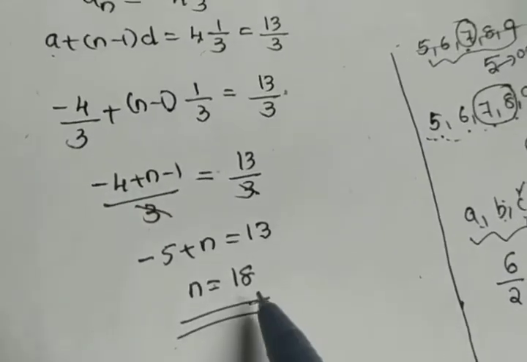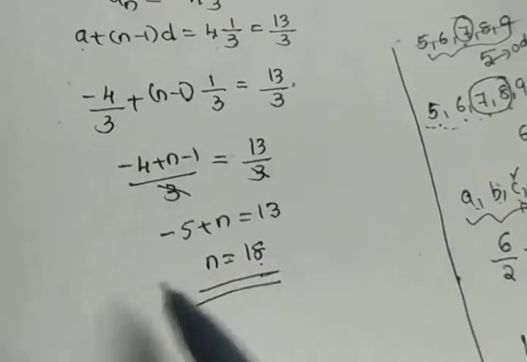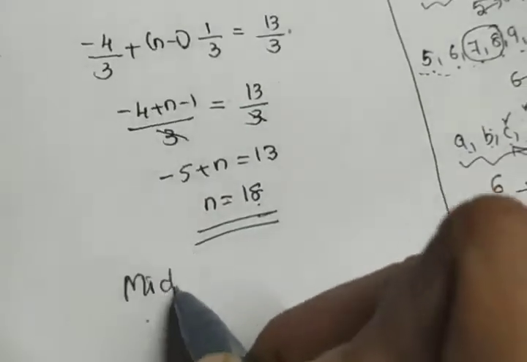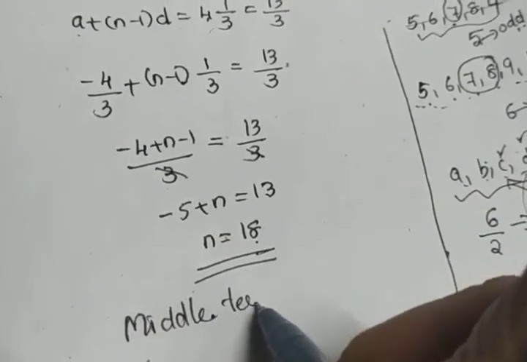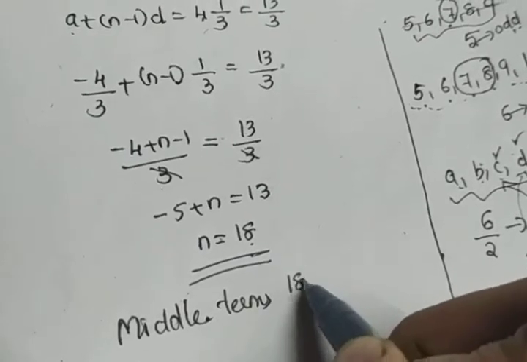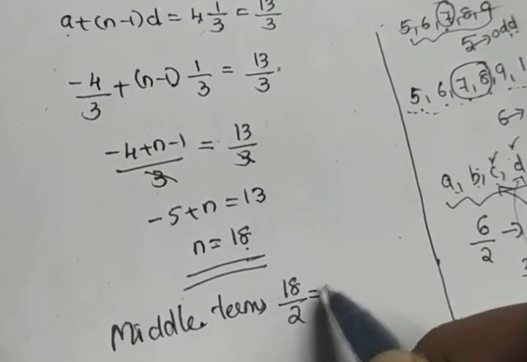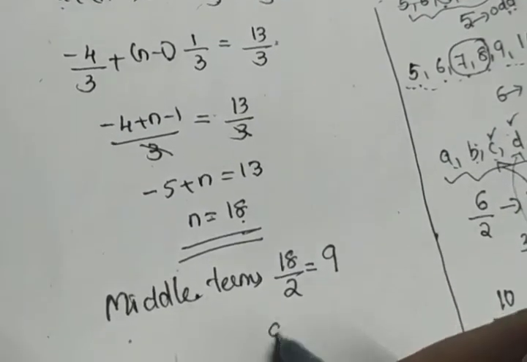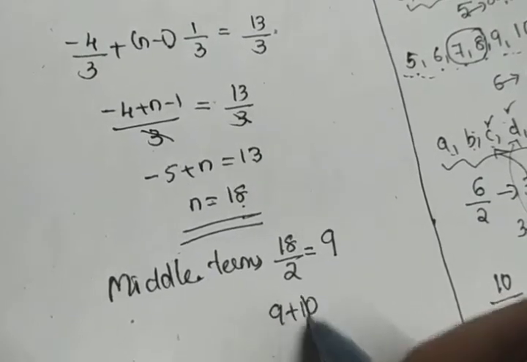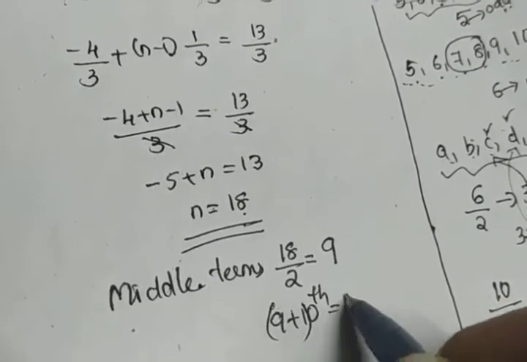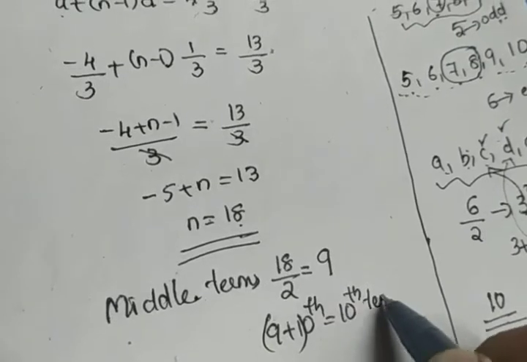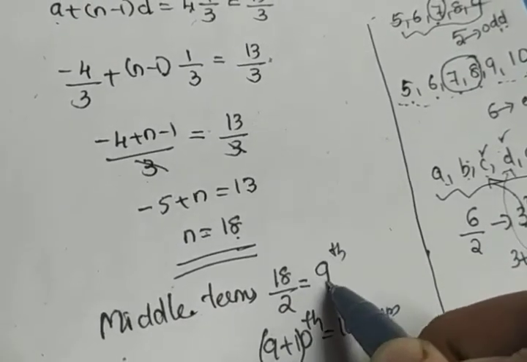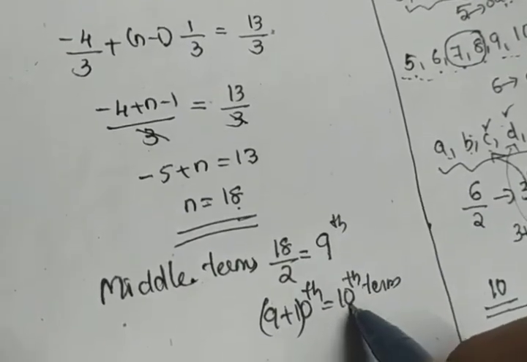Same way here we have 18 terms. Which will be the middle terms? One is 18 by 2, which is equal to 9, and the second one is 9 plus 1, the 10th term. So the middle terms are the 9th term and the 10th term.